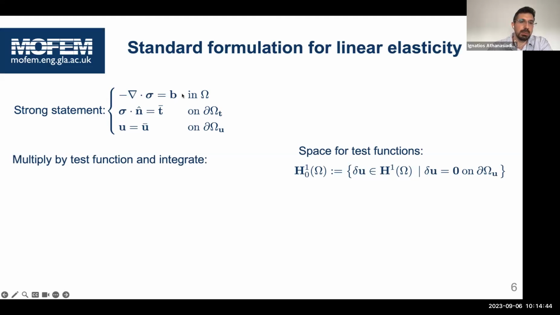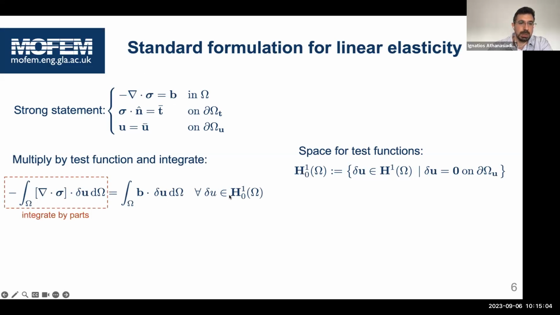So in order to bring in the finite elements, what we need to do is to multiply the conservation of linear momentum relationship by a test function that is going to be in H1 space, and integrate both sides. So the relationship becomes like this, and this has to hold true for any chosen test function that is in this space.